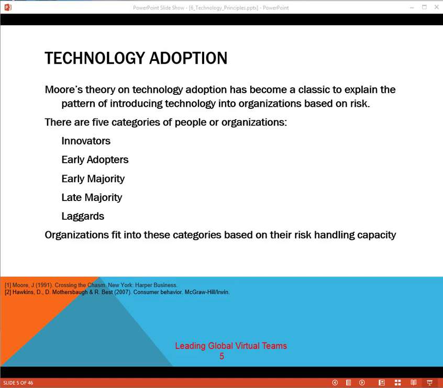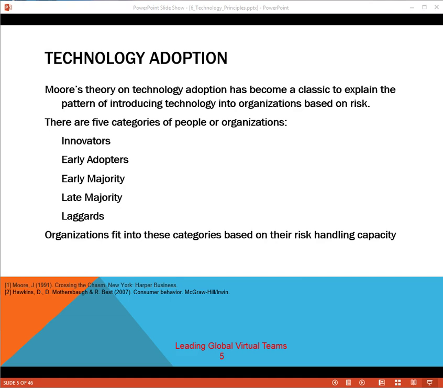The pattern for adopting innovation in a society is again known as the diffusion process. The general pattern is that the innovator people adopt first, and then we go through the continuum until the laggards finally adopt last. Some groups are more accepting of change than others.